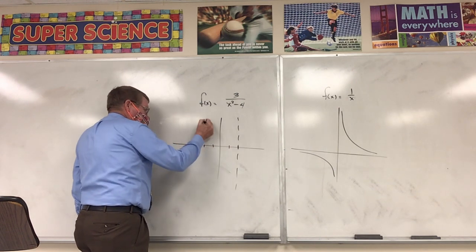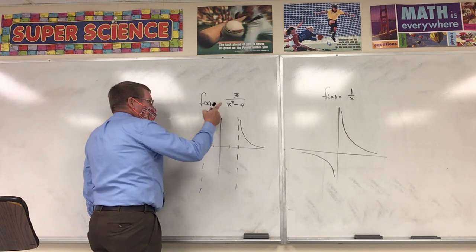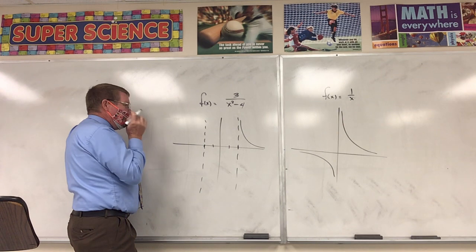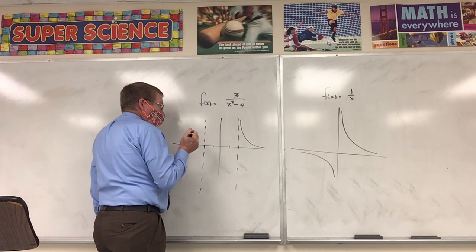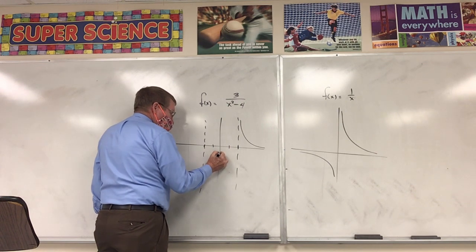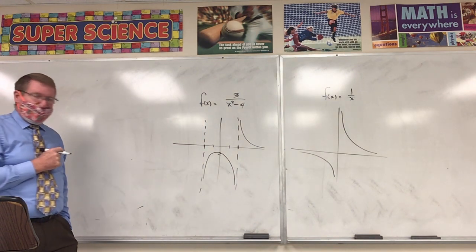My graph would look like this. Do I have a 0 anywhere? No. Alright. Do I have a y-intercept? Yes. If I put 0 in, I get negative 3/4, correct? That's right.